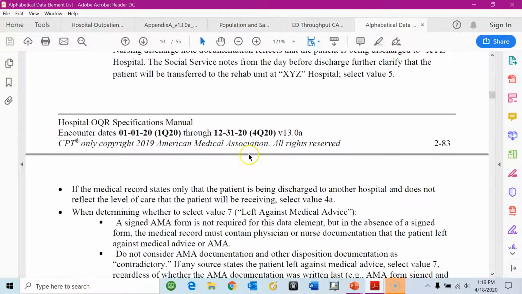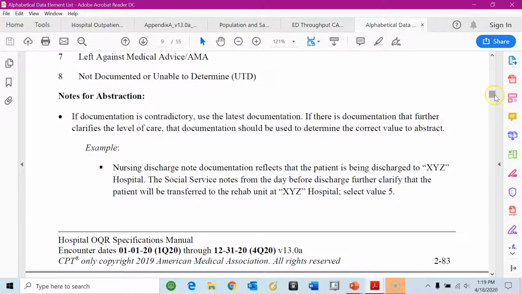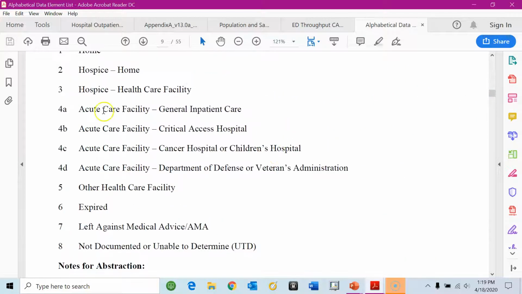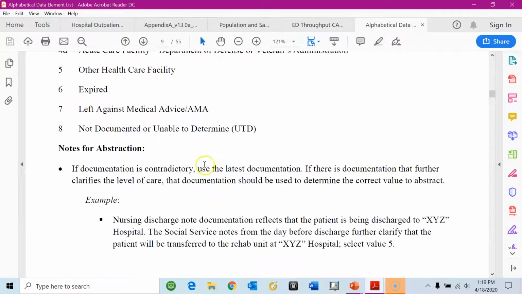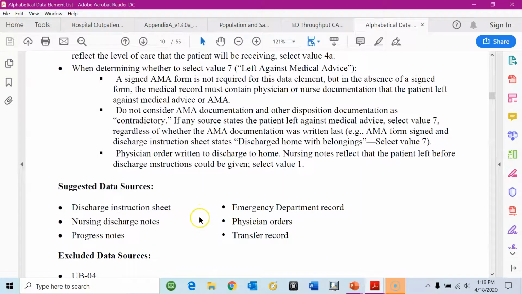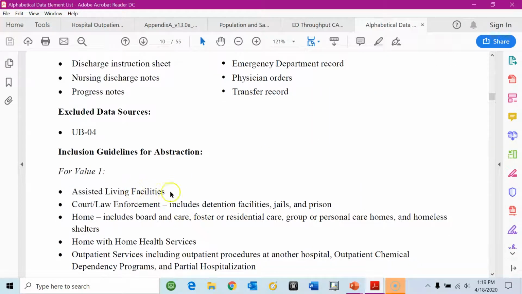Sorry for scrolling, but if we look up here, value 1 was home. Down here it's telling us what fits into home. Assisted living would be considered home. Jail would be considered home. If the patient had home with home health services, any discharge to any of those facilities would be value 1, home.